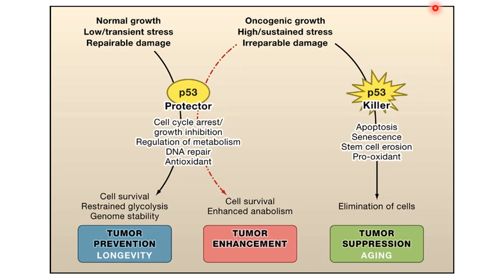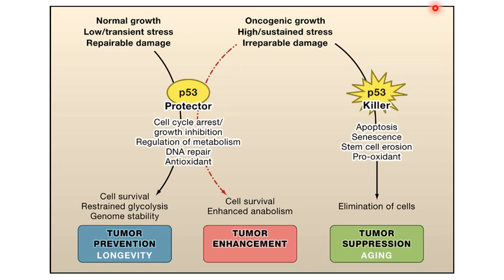They will repair the DNA, they will arrest the cell cycle at a certain stage, and they might send the cell for apoptosis. Most of the tumors, like 50% of the tumors, contain some sort of mutation in the p53 tumor suppressor gene.